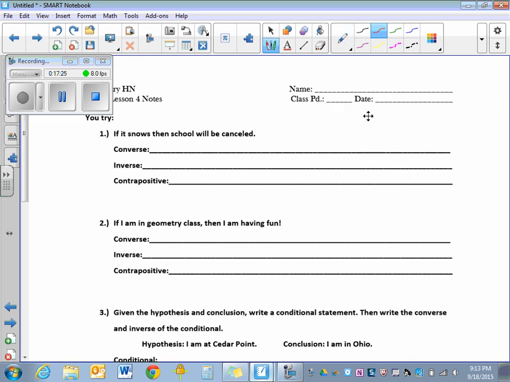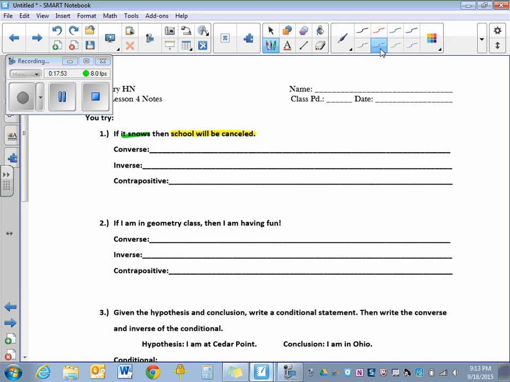I'm going to go ahead and use a highlighter here. So if it snows, that's going to be my P statement, the hypothesis. Then school will be canceled, that's going to be my conclusion, my Q. Okay, so converse.